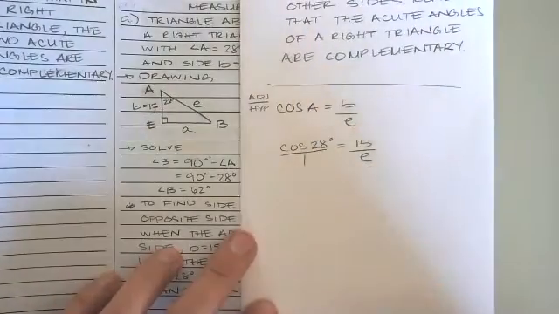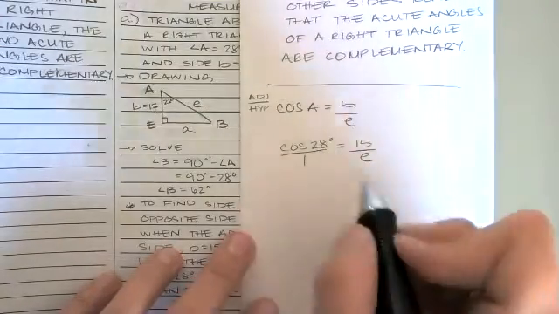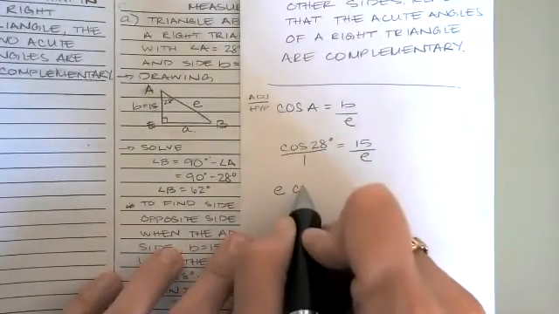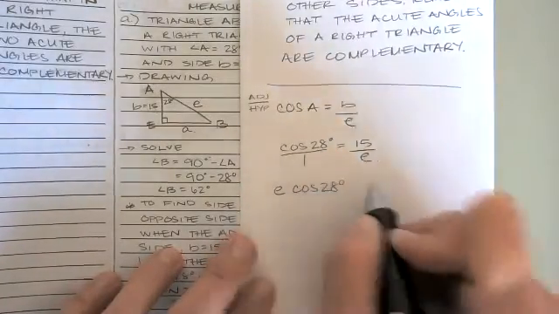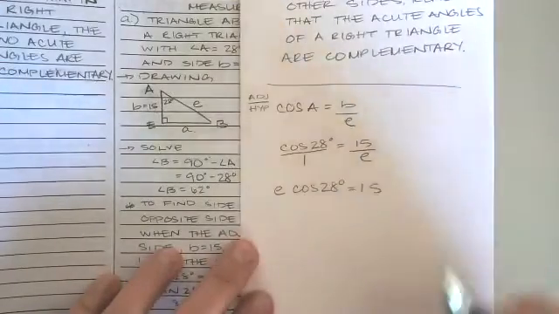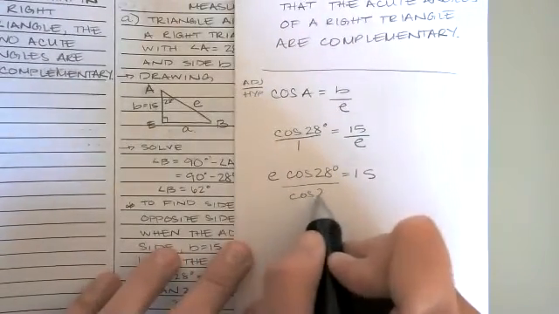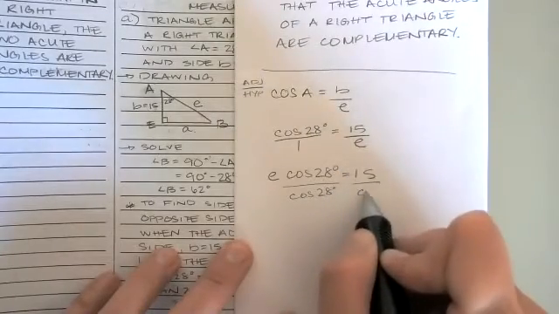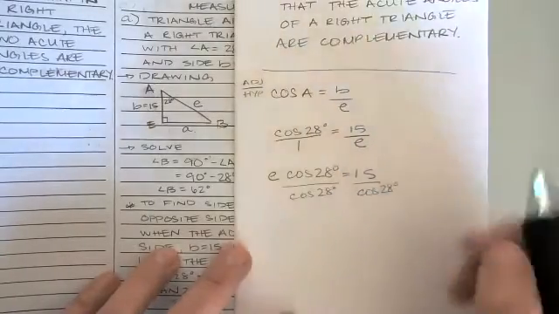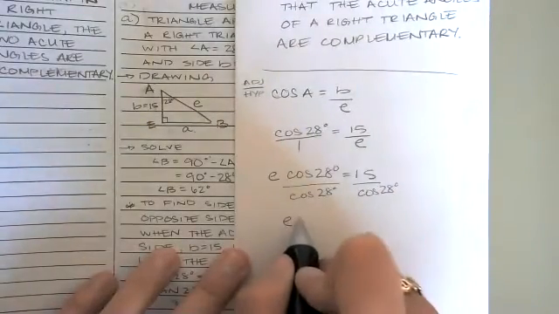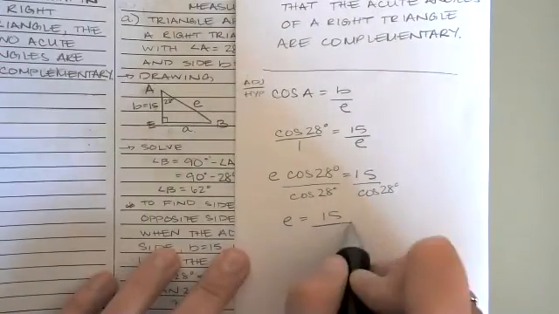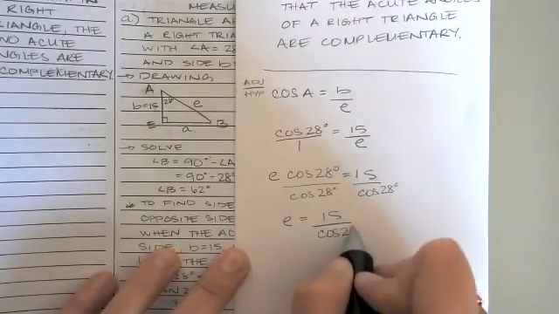I need to get E by itself. So this gives me E times the cosine of 28 degrees equals 15. Then I need to divide by the cosine of 28 degrees. That gets E by itself: 15 divided by the cosine of 28 degrees.